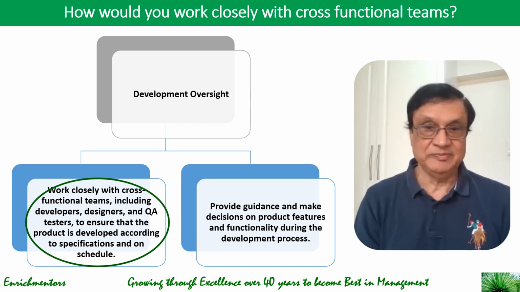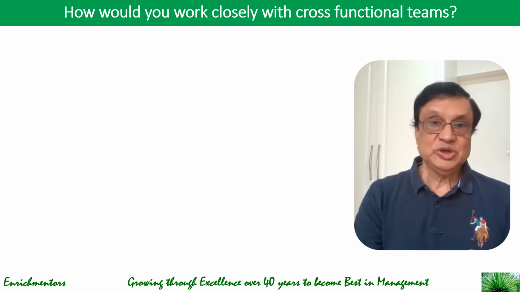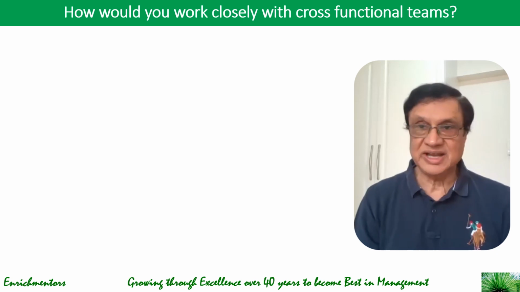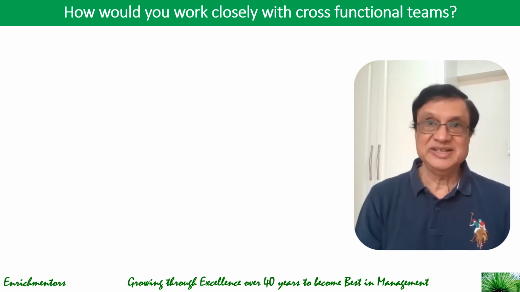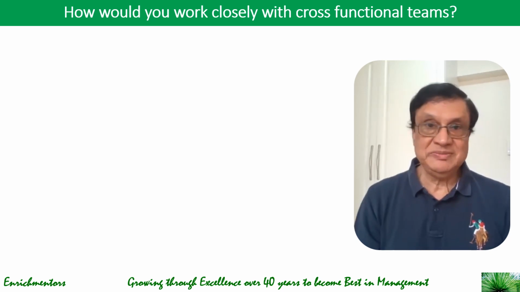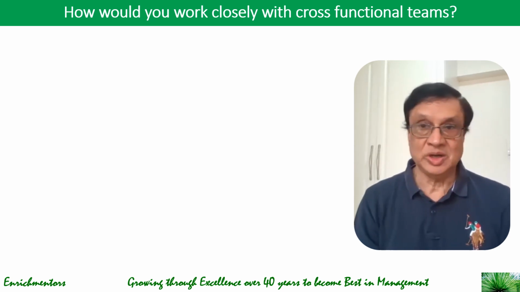Easier said than done, right? So let's take a look at a few things that you can do. Working closely with cross-functional teams, that includes developers, designers, and QA testers, is an essential thing to ensure that the product that your team is developing is according to the specification and schedule, on time and on quality.